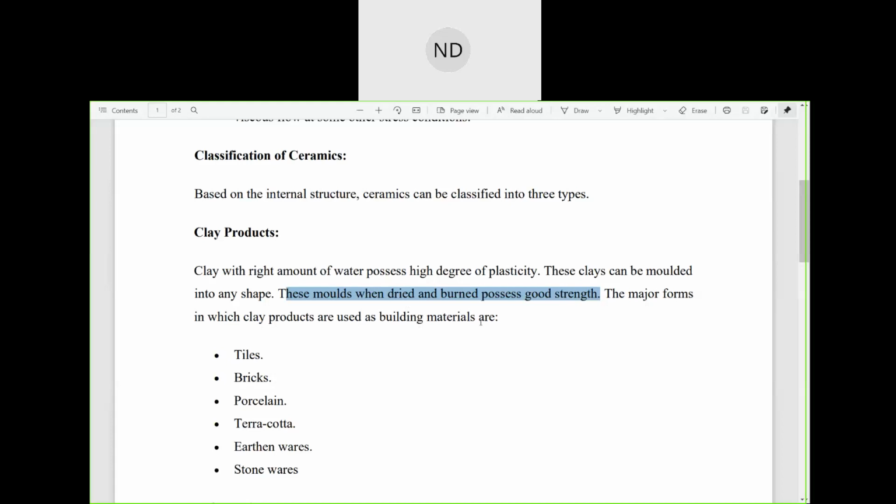They can be tiles. Let me share my content again.